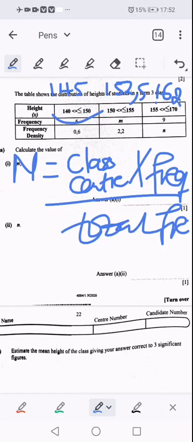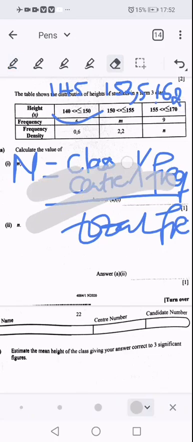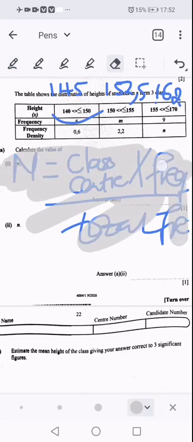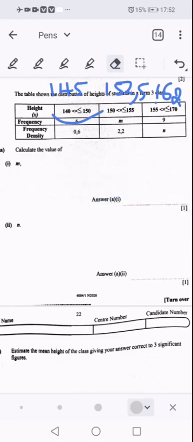Then for the mean, let me erase this one so that I can rotate the screen, since my screen is too small for me to write the mean. So I'm going to write it like this.